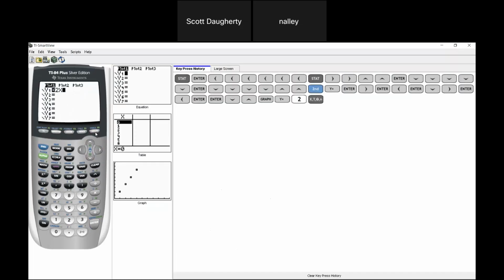Then I'm going to go back to graph. Now it's going to show us the regression line on top of the scatter plot, and you can see it's hitting every single dot. So the data that we got forms a perfect line, and this is the line that it forms. This is the regression line that best fits the data.